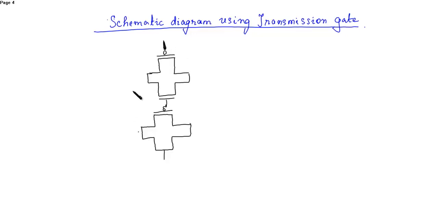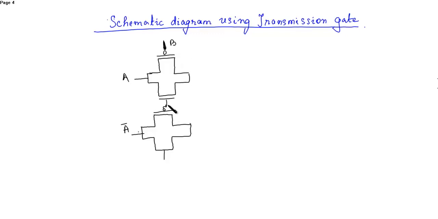So you have input A. This is the A input. The input of the second transmission gate will be the inverse of the first, that is A bar. Then the control signals, as we know, are complementary.